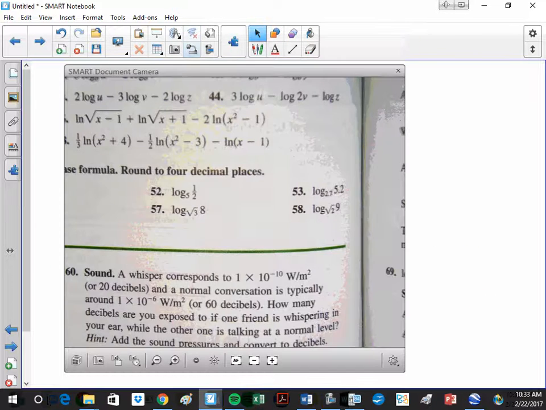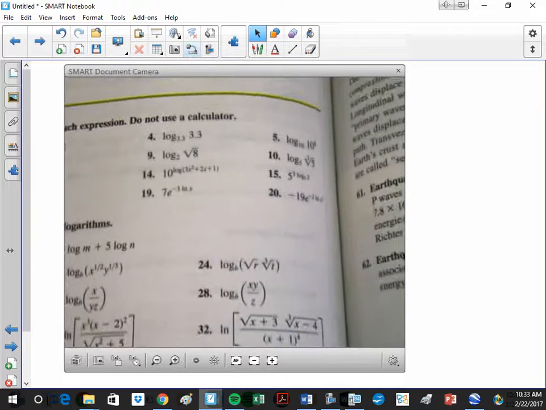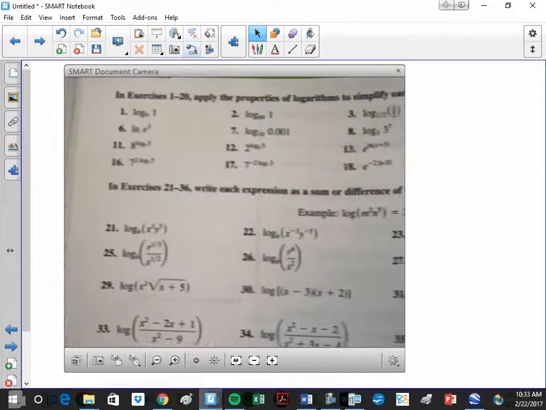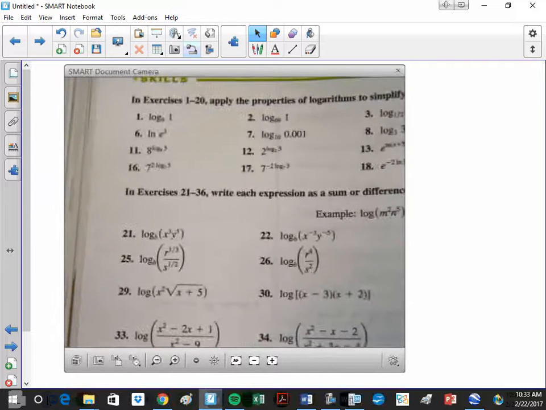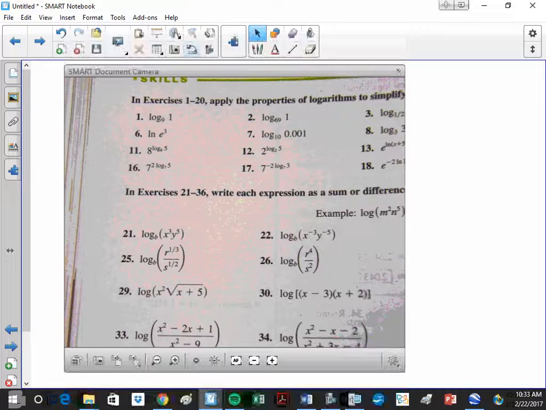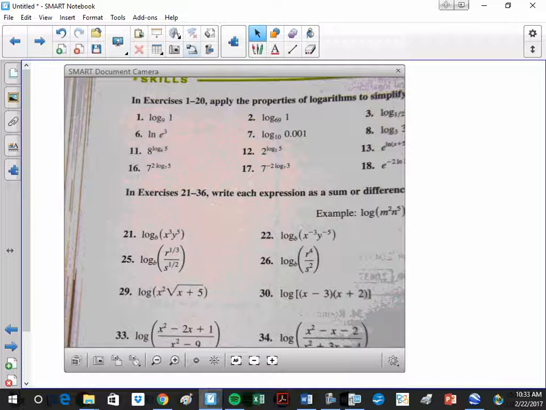So take a look at number 1. It doesn't want you to use a calculator. Can we simplify these? So what is number 1 asking? Can we find the answer without plugging anything into our calculator?